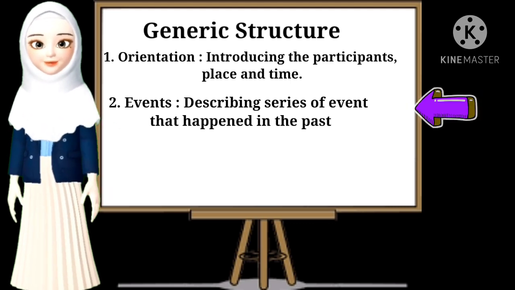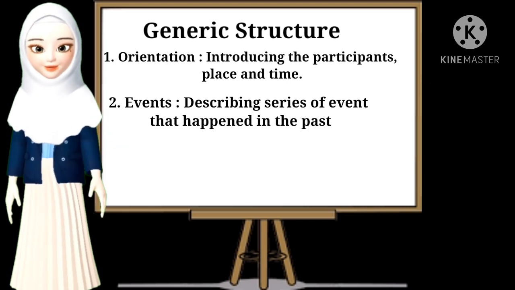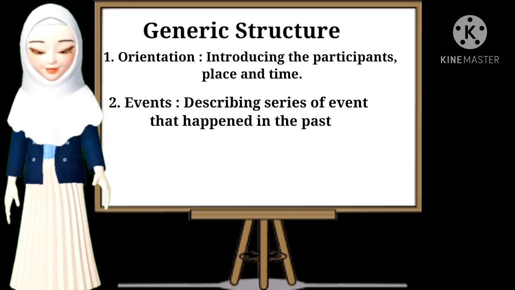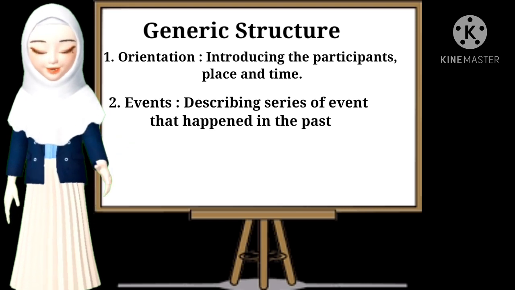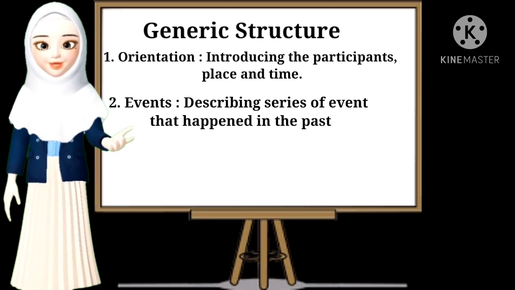Series means chronological, right? In the events part, the writer can develop it into some paragraphs. It depends on how many events the writer would like to present to the readers.